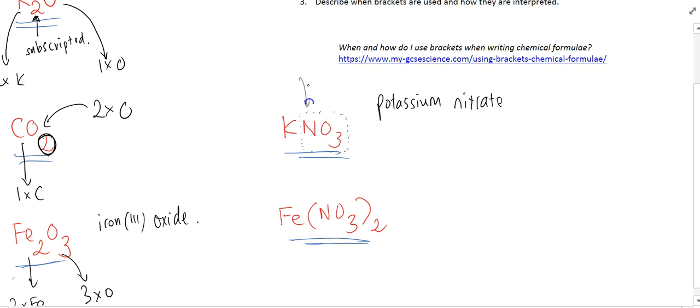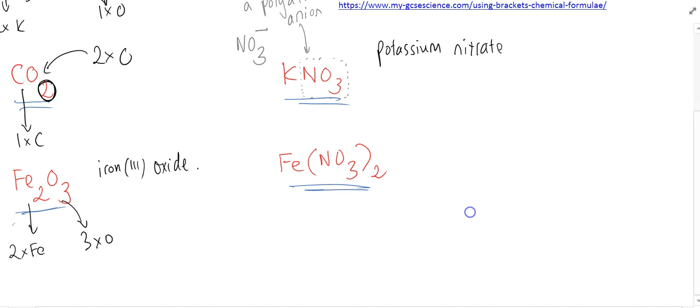This here is considered a polyatomic ion, more specifically a polyatomic anion. NO3 minus is an anion on its own. But you note how you don't draw brackets around it, as you would if there were more than one of that polyatomic ion, as you would see with iron(II) nitrate. If you look over here, we have that same ion, but now it's bracketed.